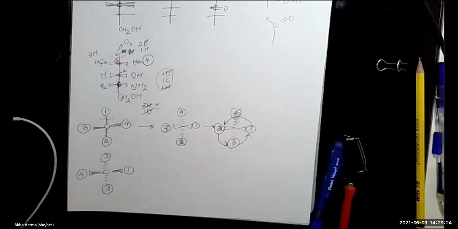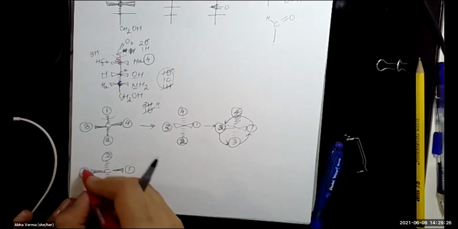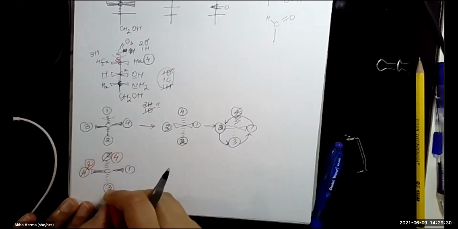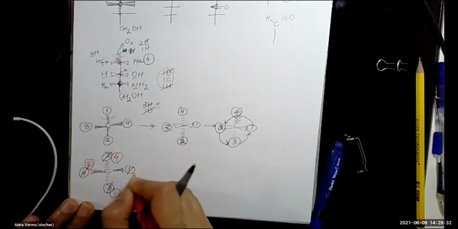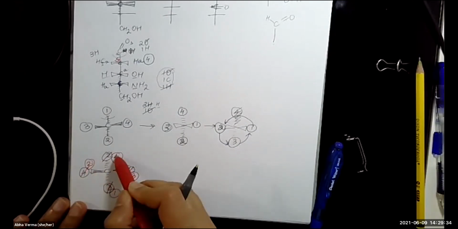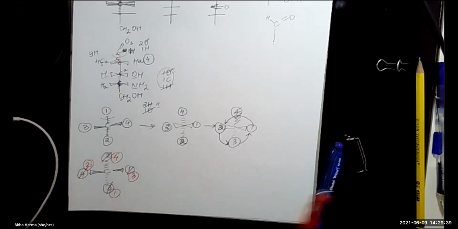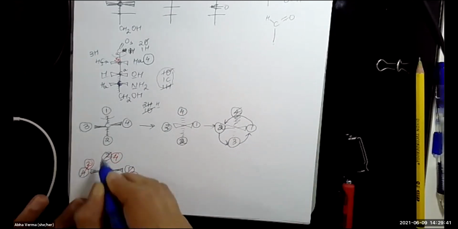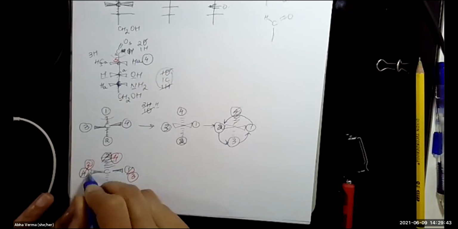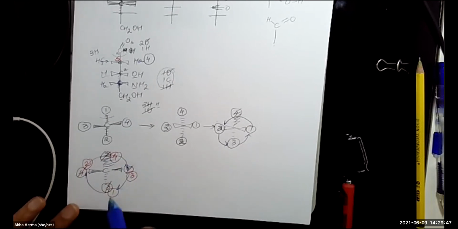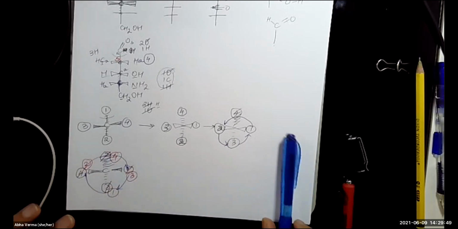And just remembering my part where I have 4 and 2, 3 and 1, I switch these 2, and then as my second switch, I switch these 2 also. Ignoring number 4, 1 goes to 2, 2 goes to 3, 3 goes to 1. What kind of a rotation is this? Clockwise.